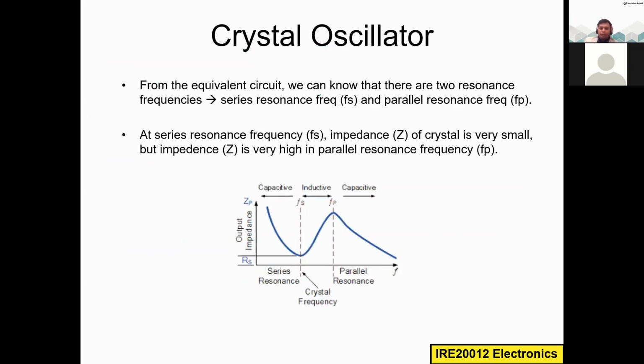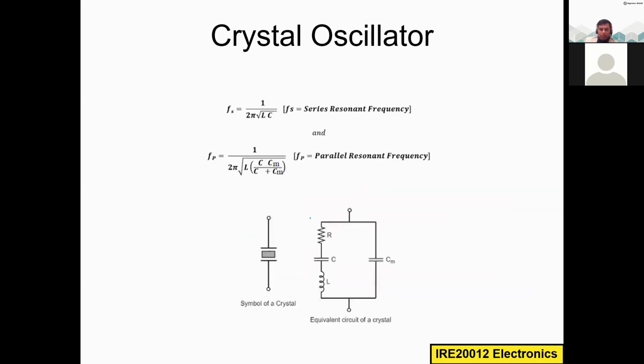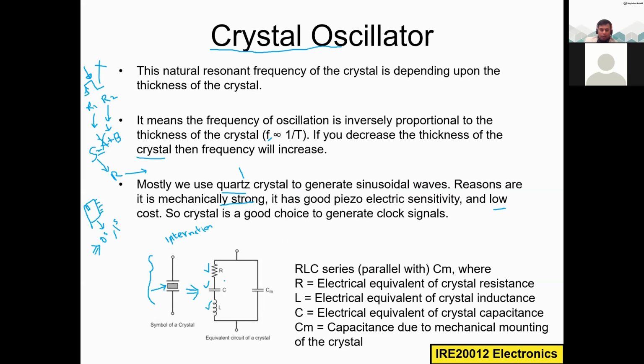From the equivalent circuit, we can see that two resonance frequencies are possible: the series resonance frequency and the parallel resonance frequency. Here we have the series resonance frequency, Fs, but if you consider the whole circuit, then we have the parallel resonance frequency, Fp, as well.